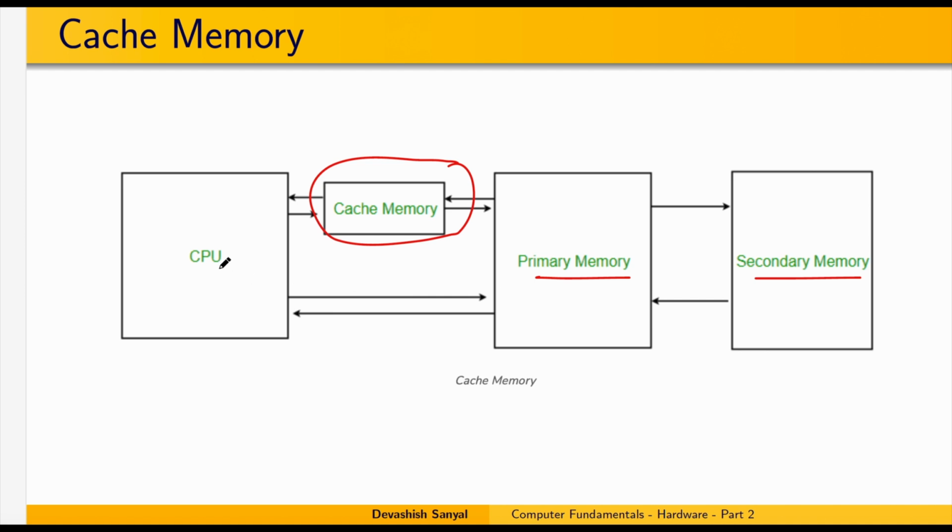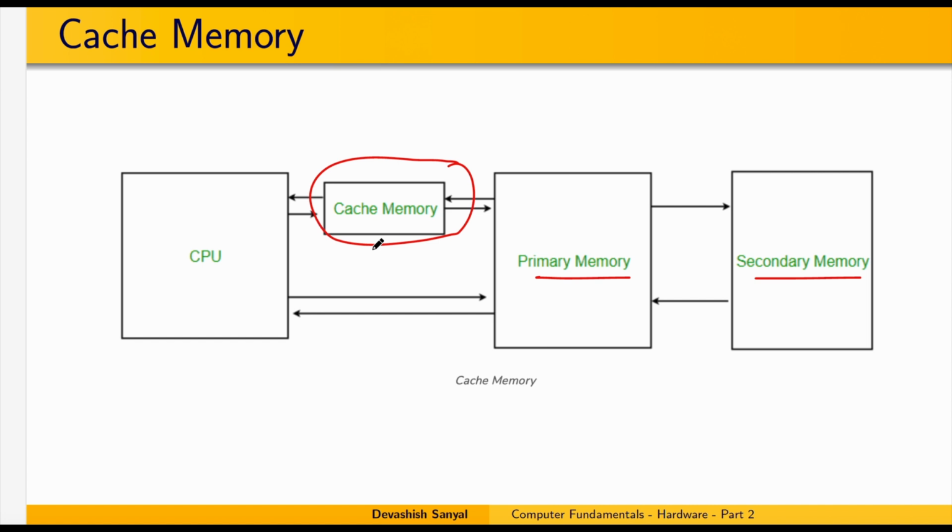So how does the CPU work? In order to work, the CPU needs some data very frequently. Those data are stored in cache and primary memory. We have already discussed primary memory, so we will be discussing what cache memory is. Cache memory is basically SRAM.